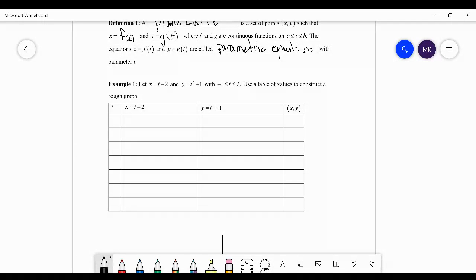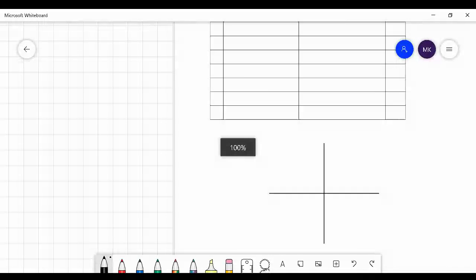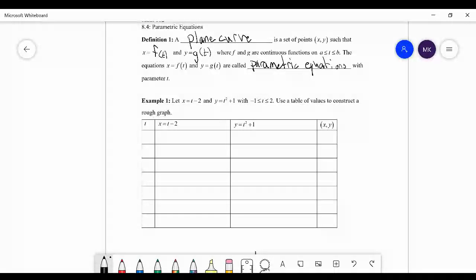Since we want to go from negative 1 to 2, let's start at negative 1, then 0, and let's throw a half in there for fun, then 1 and 2. Those are the t values I want to evaluate this parametric equation at to get a rough idea of the parametric curve.